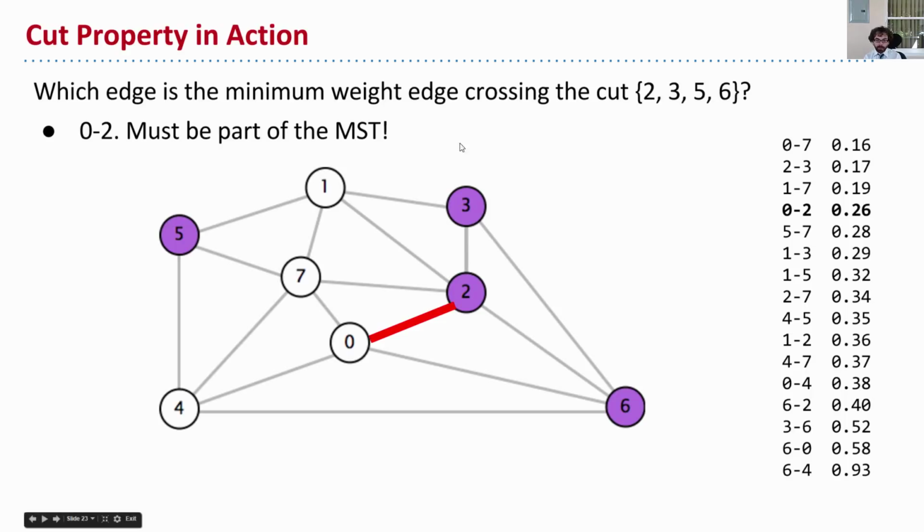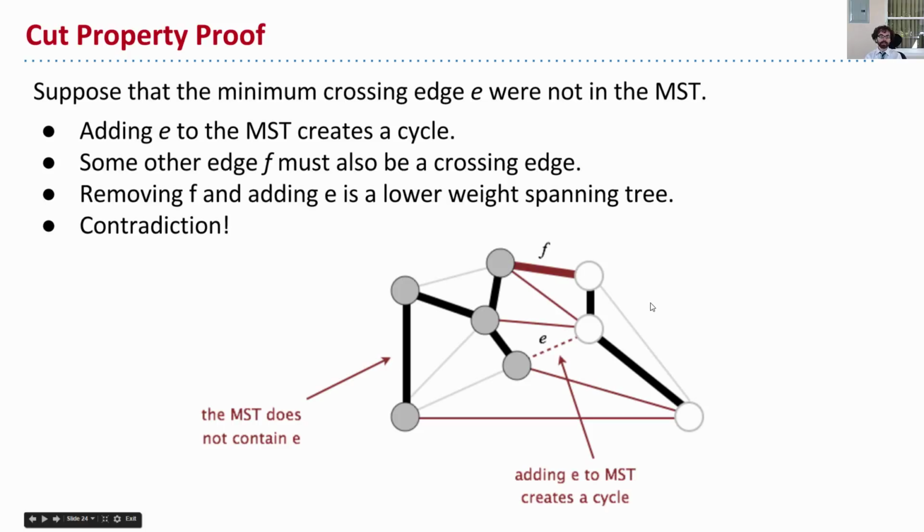Okay, so how do we know that's part of the minimum spanning tree for the entire graph? Well, the argument is something like this. Actually, this is the full argument. It's a proof by contradiction. Let's suppose, hypothetically, that the minimum crossing edge E is not part of the minimum spanning tree for a graph.